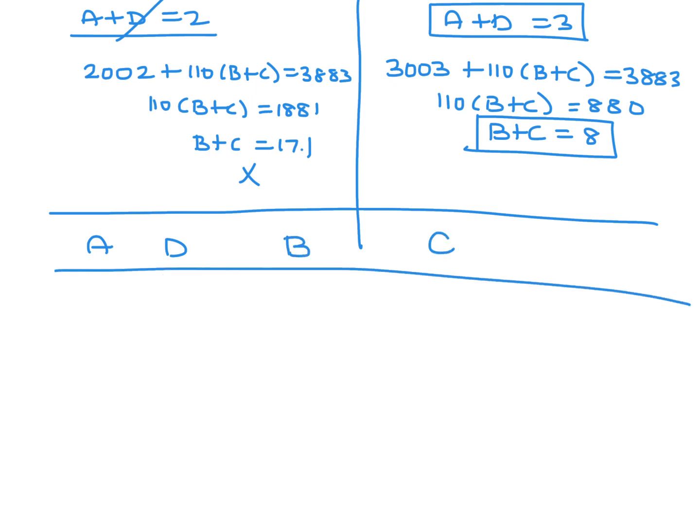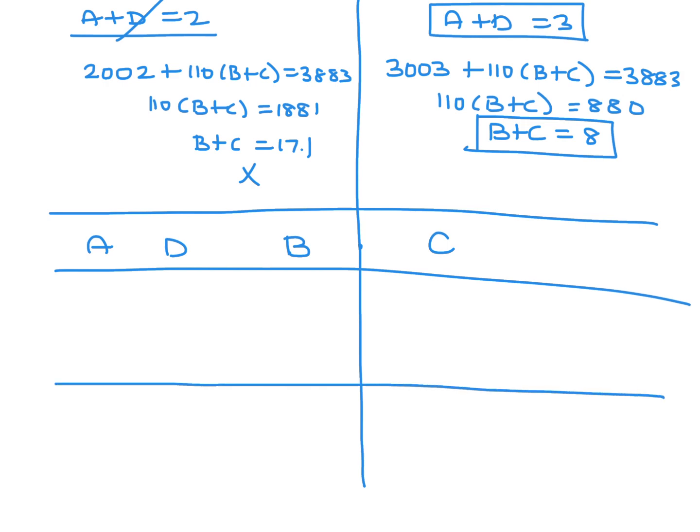And then let's see how many different... yeah, there's going to be a lot. But hopefully there's a quick way. So if A plus D is 3, the only possibilities are 1 and 2, or 2 and 1, because neither of them can be 0, right? Okay, so those two are fixed.